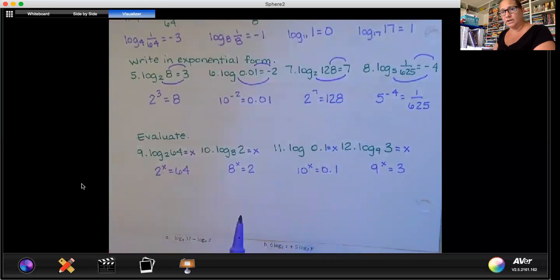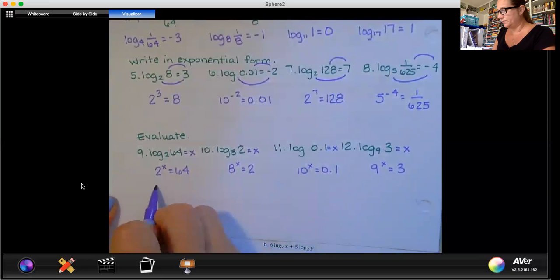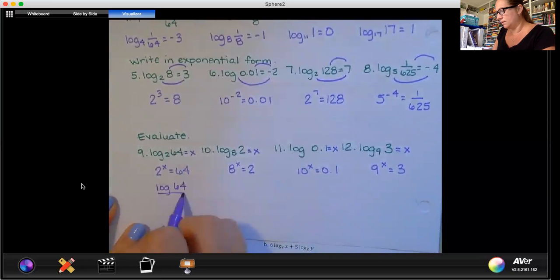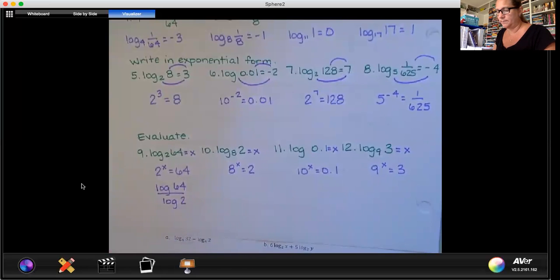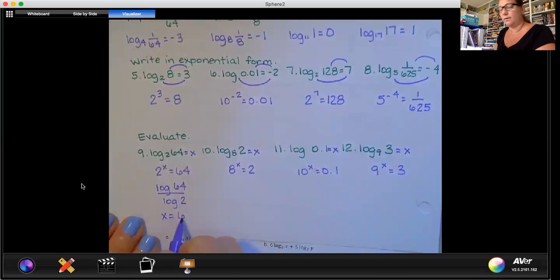If that's hard for you to look at and figure out, use the change of base. So going back to the original, log 64 over log 2 will get you the answer quickly, which is 6. 2 to the 6th power equals 64.